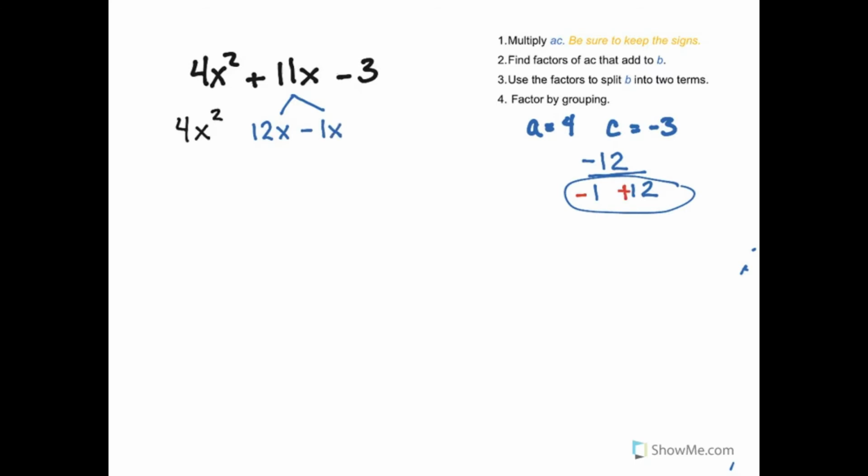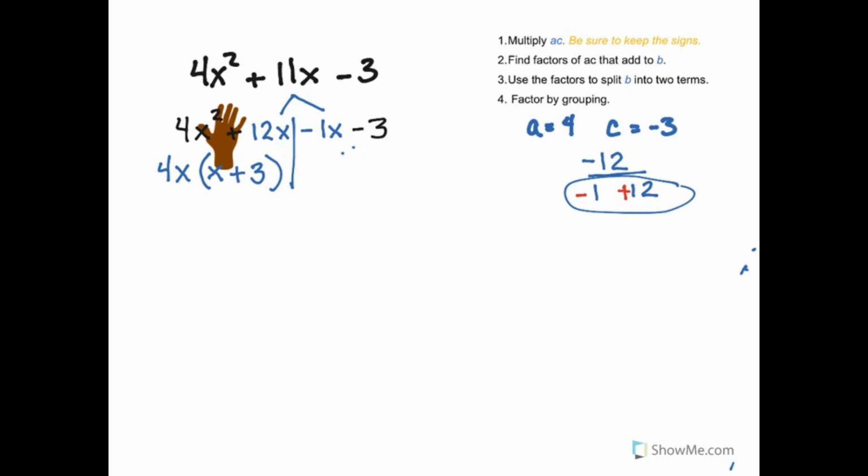Well, now I can factor by grouping. 4x squared plus 12x minus 1x minus 3 can be split in half. From 4 and 12 I can factor out 4, and from x squared and x I can factor out x. So 4x squared divided by 4x is a plain x, and 12x divided by 4x is a plus 3.